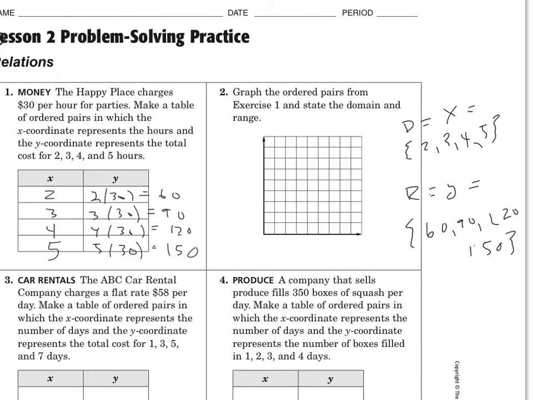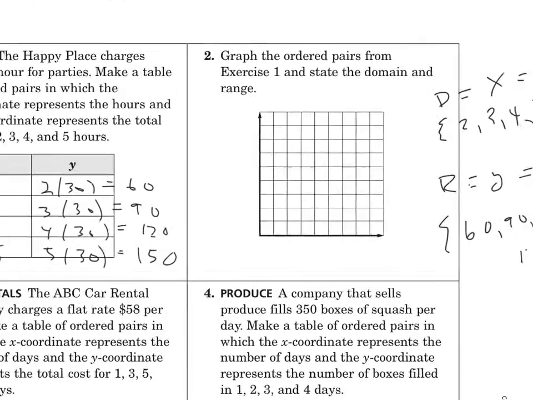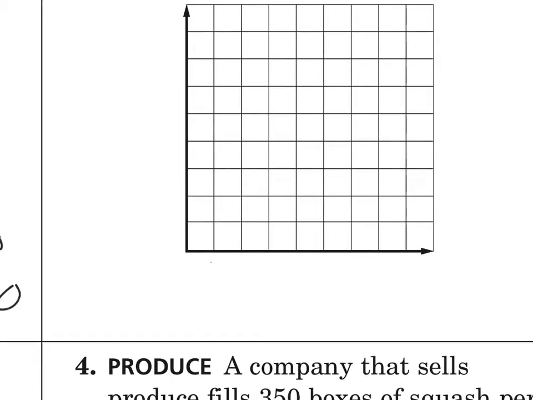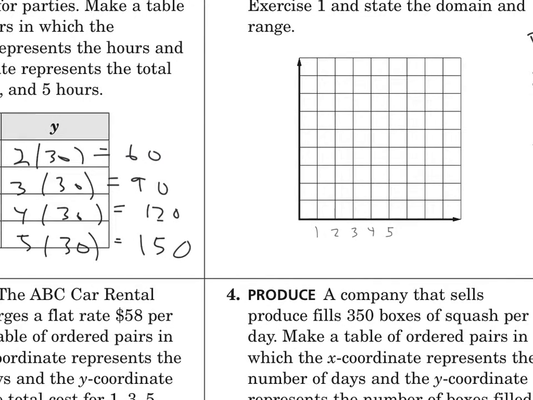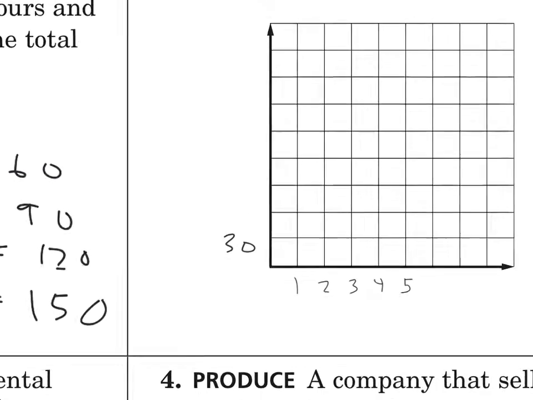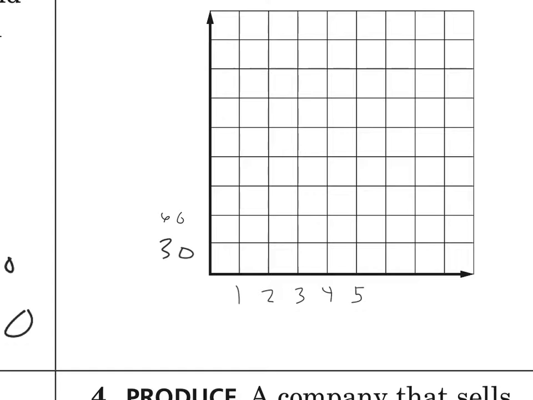The next thing it asks us to do is to graph it. Well, if we're going to use 1, 2, 3, 4, and 5, then let's use 1, 2, 3, 4, and 5. And the next thing is that the numbers are in increments of 30. So I'm going to go 30, 60, 90, 120, 150, 180.